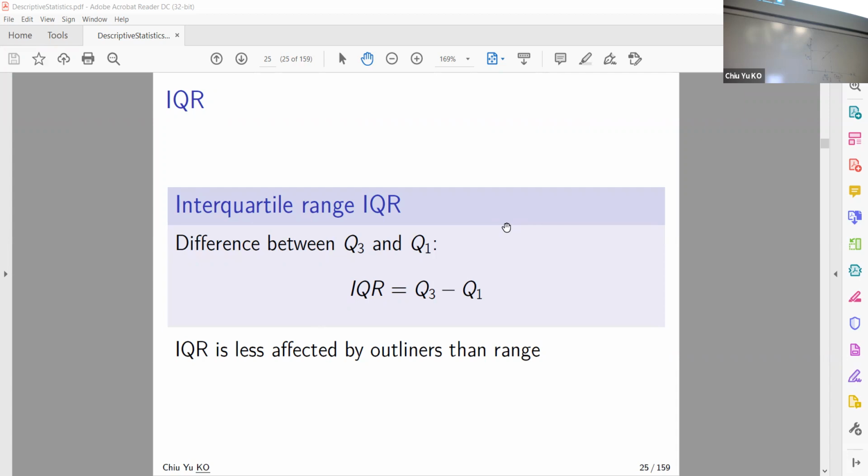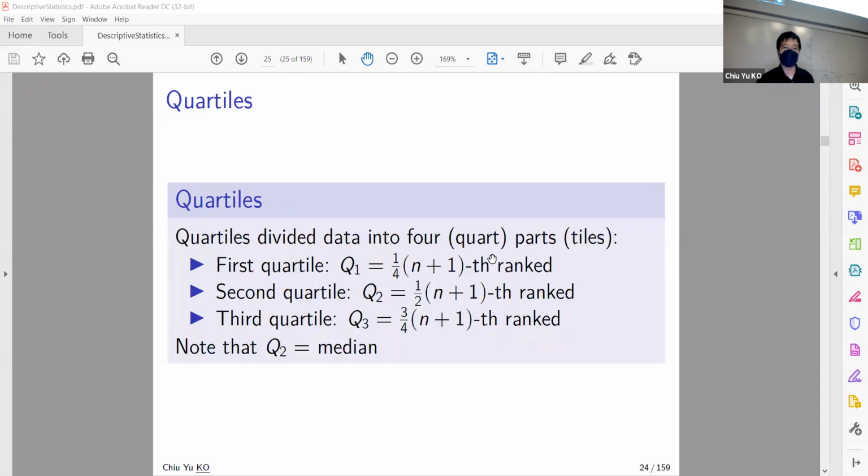In the old days, find the median, which everyone knows, divide the data into 2 parts, find the median of the first part and the median of the second part, and look at the difference. In the old days, when you didn't have computers, that was easy to do, and you didn't have a lot of data anyway. But now you have a computer, so we don't have to use IQR. We can look at the distance depending on how you divide them in the quartile, into 4 parts.